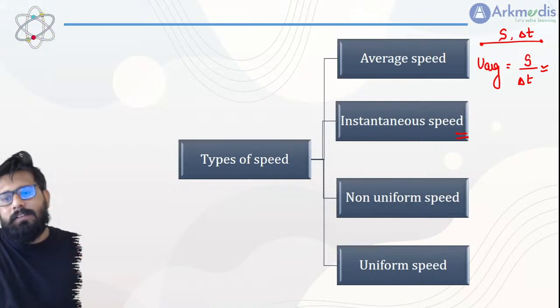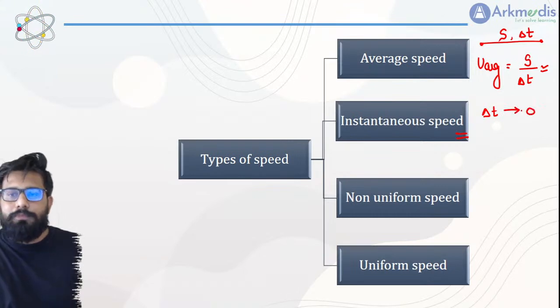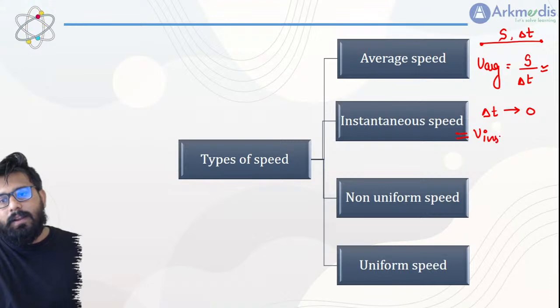Okay, so for that we say that the time interval delta t should tend to 0. In that case the instantaneous speed can be written as limit delta t tends to 0 of delta s by delta t.